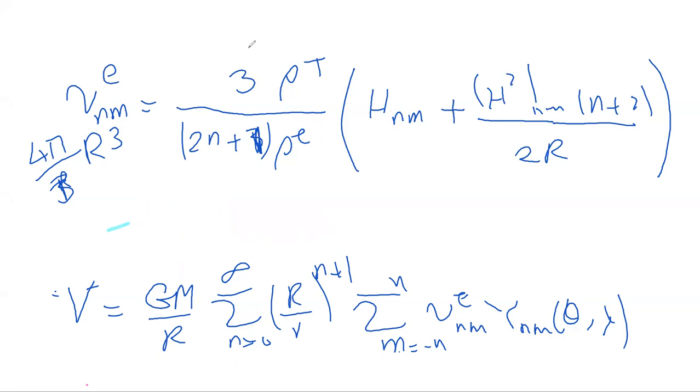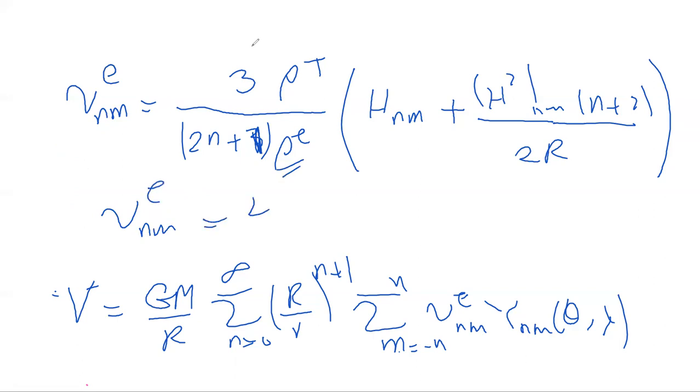Or if you do not want to change it to this form, it is very much okay to use this one. If you do not want to consider the mean mass of the Earth, simply write 4 pi G r squared divided by 2n plus 1.